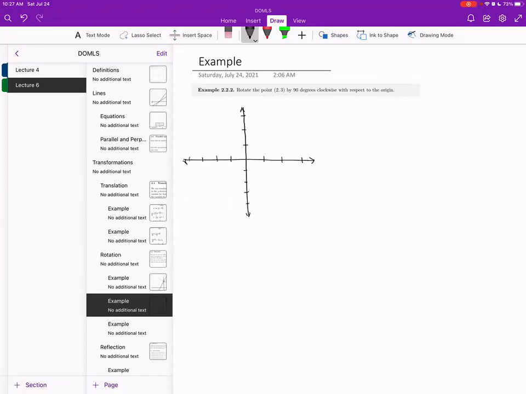This isn't really to scale, but either way, we have this point 2, 3. And now we're going to rotate it 90 degrees clockwise with respect to the origin. So if we draw this dotted imaginary line, after we rotate it, it's going to go 90 degrees to this new point somewhere.